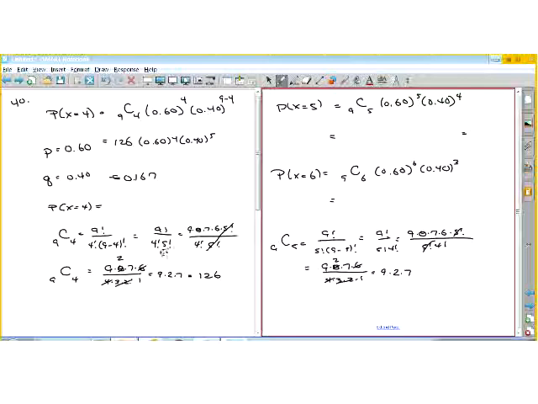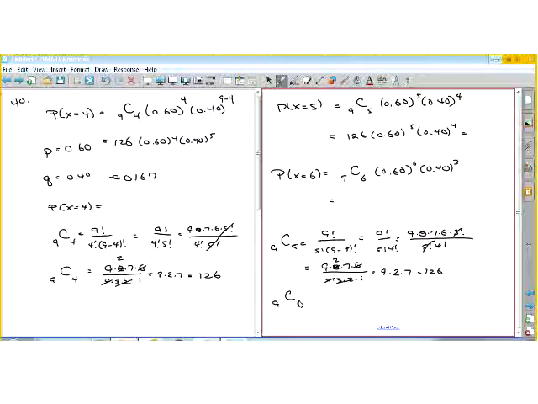Yeah, I get the same answer because all I've done is I had the same results. So I don't know why I did that. So that's one of the symmetric things. So this is going to be 126 times 0.6 to the 5th. Now these answers are not going to be the same because we're raising these things to a different power.